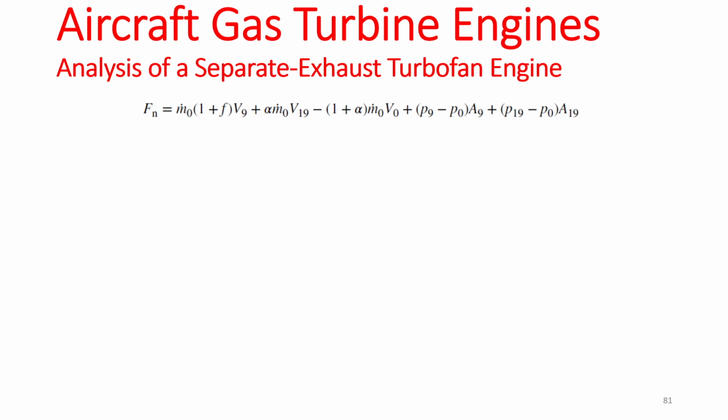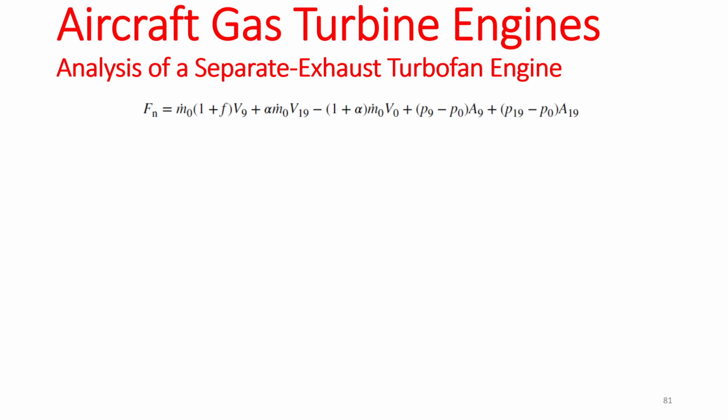What about the specific thrust? What is going to change in the specific thrust calculation? What do you guys think? What was the definition of the specific thrust? It's the uninstalled thrust divided by m dot naught. It would be 1 plus alpha divided by... Okay.